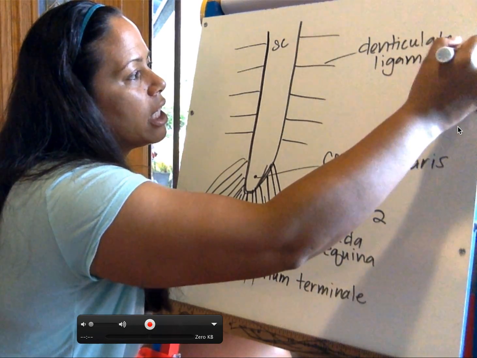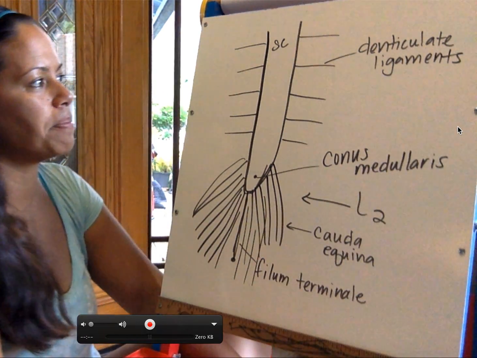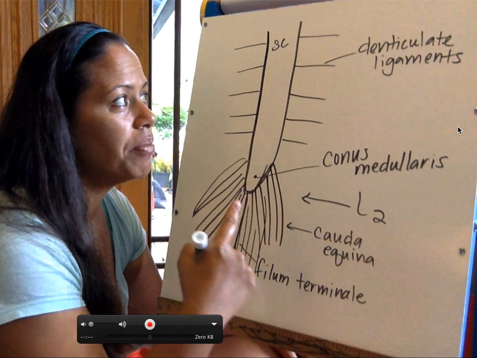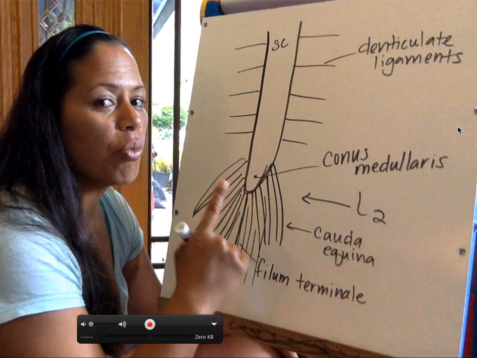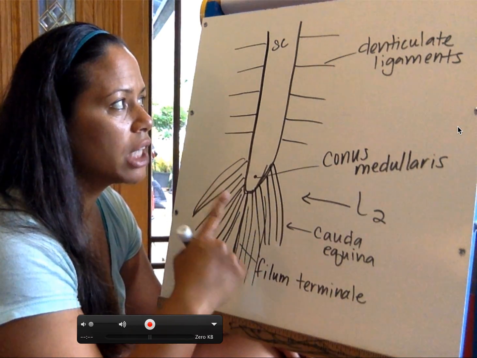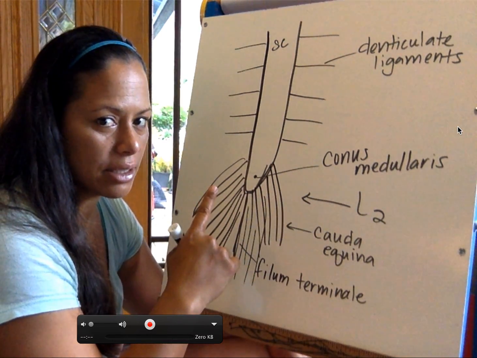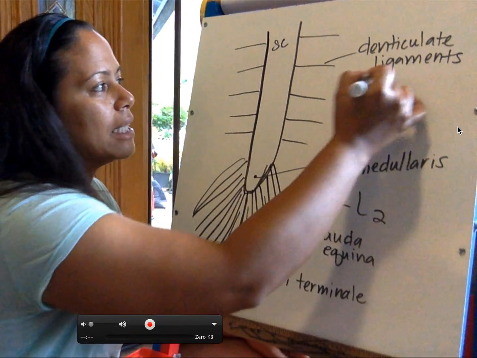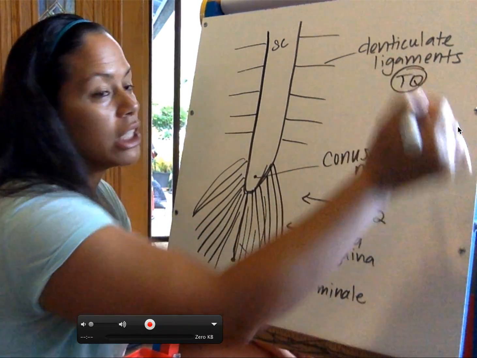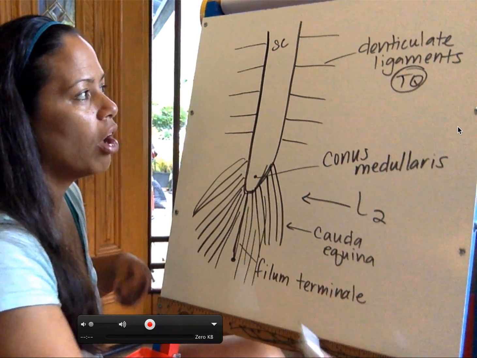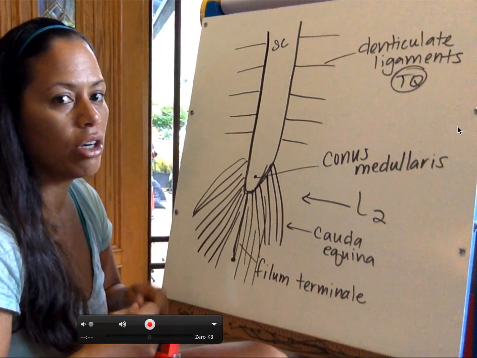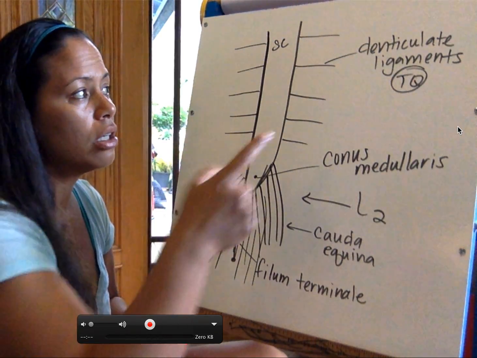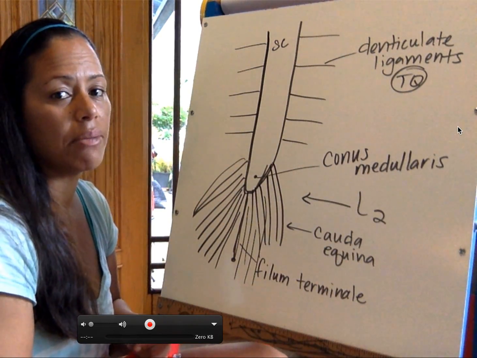And one of your jobs is to look up off what meningeal layer they extend. That is a question you guys are going to need to look up. So denticulate ligaments, off what layer, pia, arachnoid, or dura, we'll cover that shortly, off what layer do denticulate ligaments extend from?